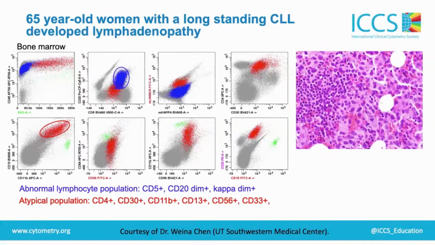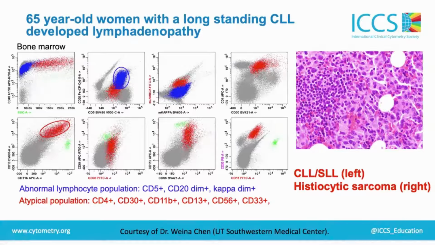Morphology showed involvement by CLL and a transformed histiocytic sarcoma. In both cases, the atypical population expressed some monocytic markers, but additional analysis and morphologic correlation demonstrate histiocytic neoplasm rather than myeloid neoplasm with monocytic differentiation.